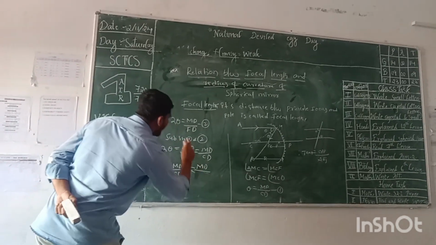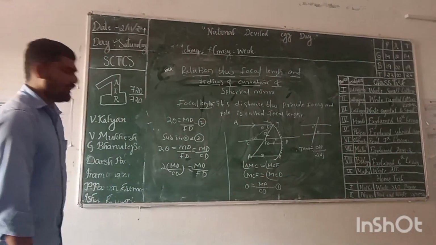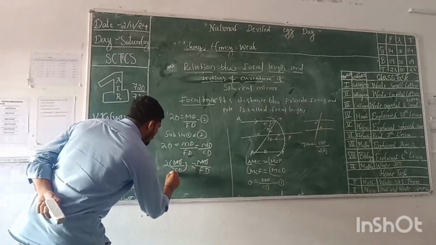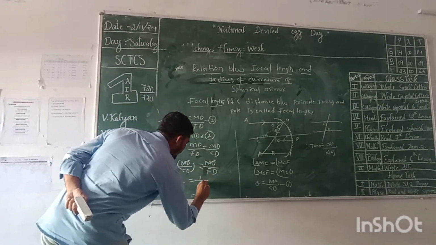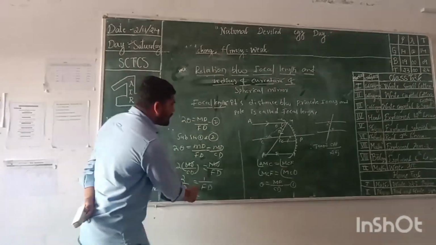The MD cancels, so 2 by CD is equal to 1 by FD.